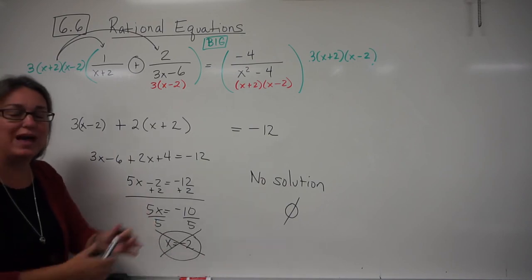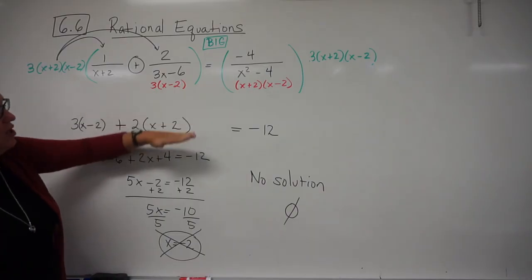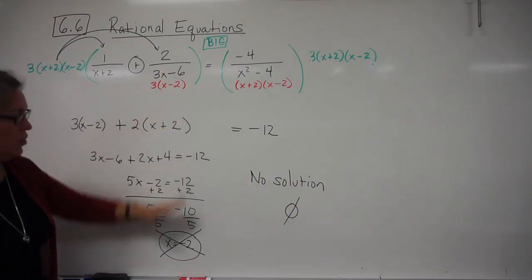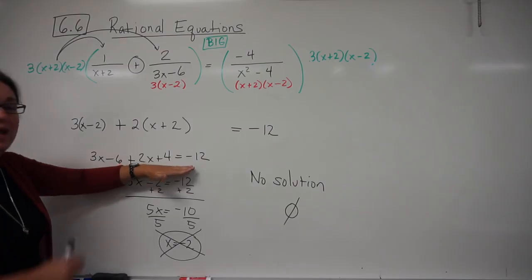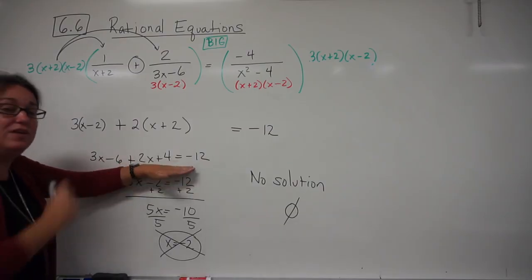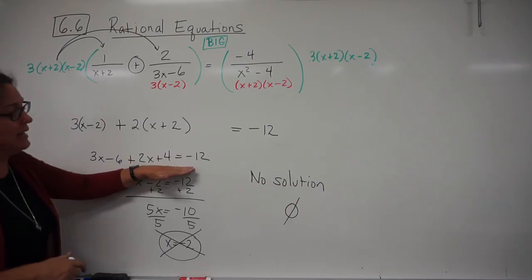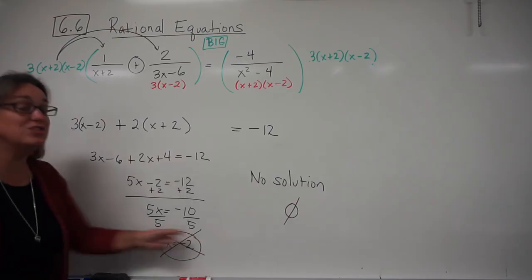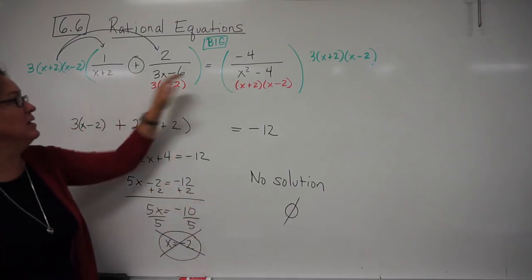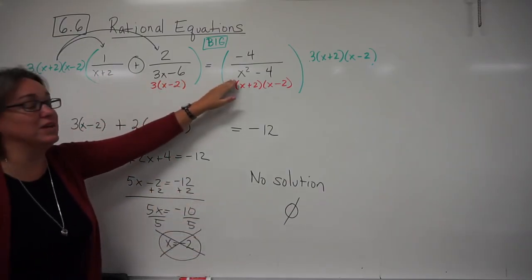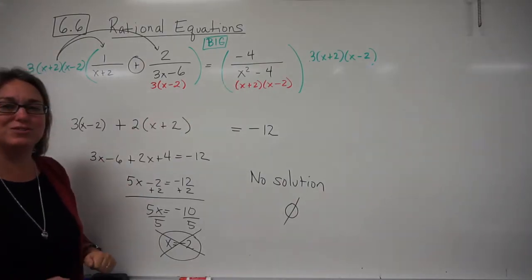So I'm just giving you a heads up that sometimes when you clear, you end up with a linear equation like what we've seen so far, but sometimes the equation that pops out has an x squared in it. And if that happens, then you need to factor to solve. In that case, you'll typically get 2 answers, and you have to check both of them up here to make sure that neither one of them gives you a 0. Okay? Enjoy working with rational equations.